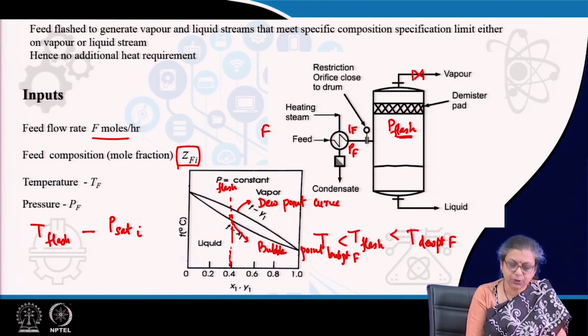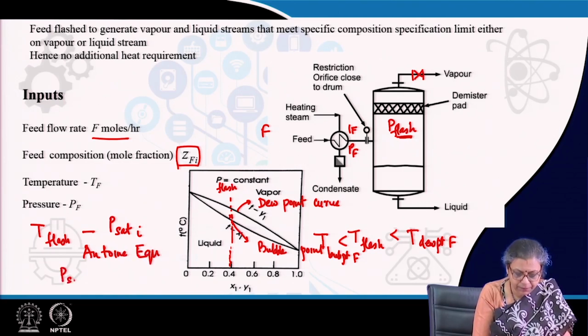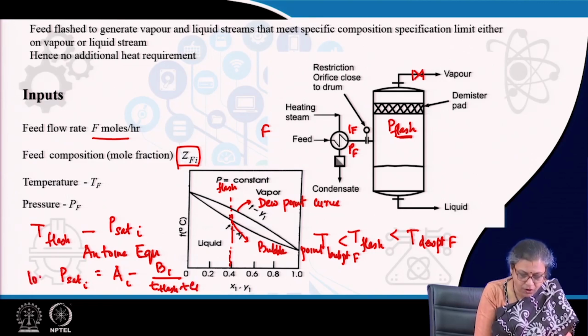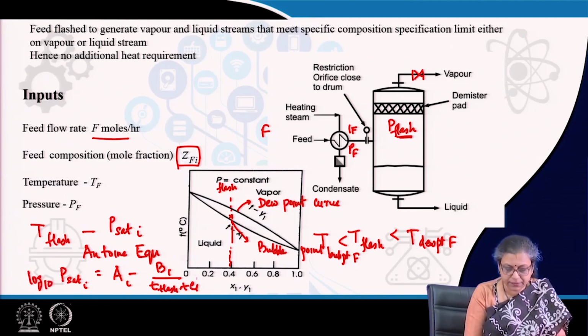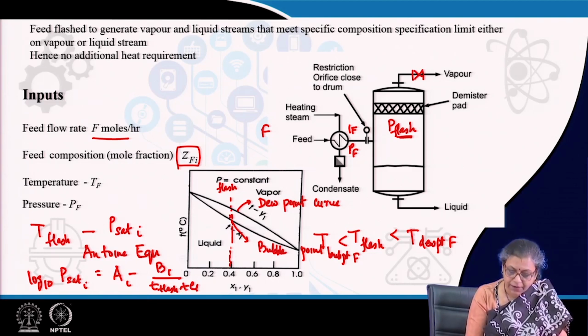If you recollect, during my discussions on equilibrium, we had told you that P saturated is obtained from Antoine's equation. What is Antoine's equation? log10 P saturated I equals AI minus BI divided by T flash plus CI. Here AI, BI and CI are the Antoine constants corresponding to component I. For each component, Antoine constants are available.